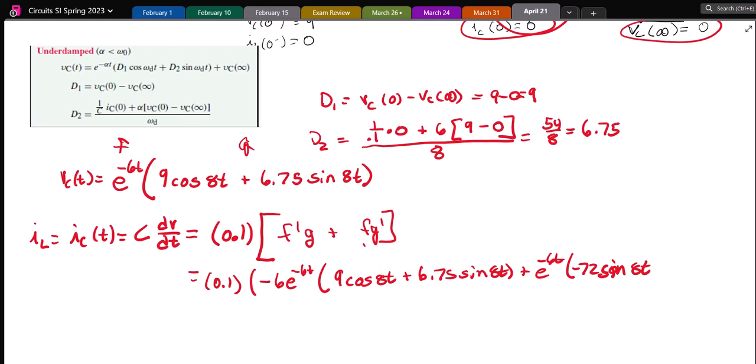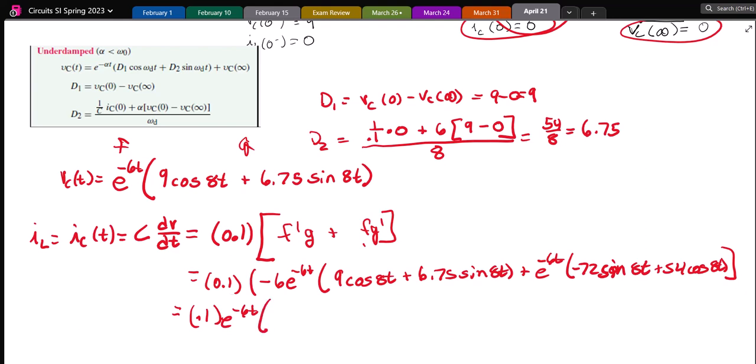Everybody has an e to the minus 6t, so I can take that out.